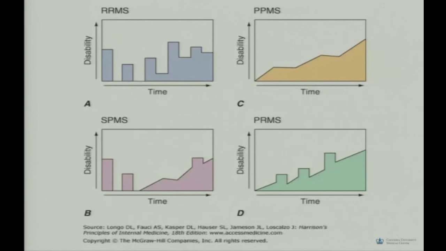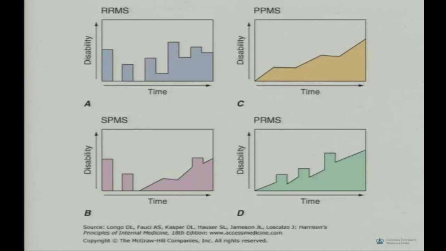So those two, A and C, represent the vast majority of patients, with relapsing or remitting being between 80 and 85% of patients. And then less common are actually just variations on relapsing or remitting and primary progressive.